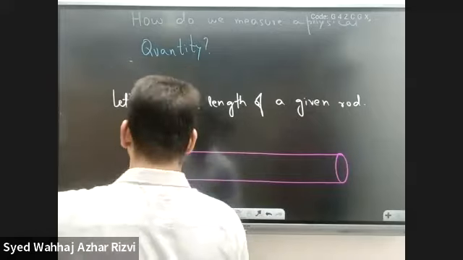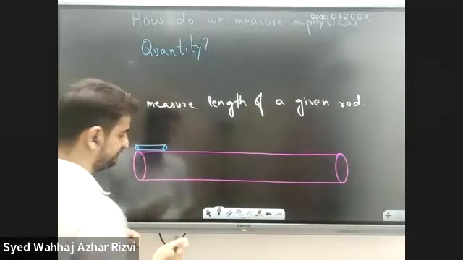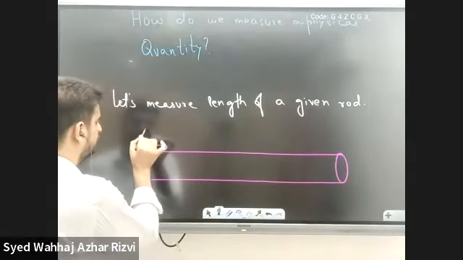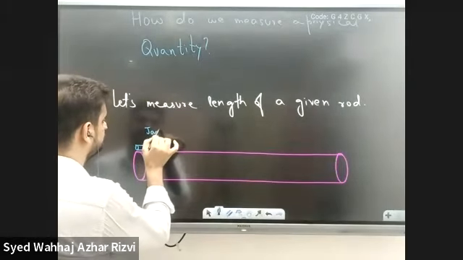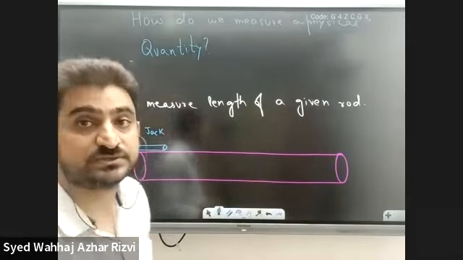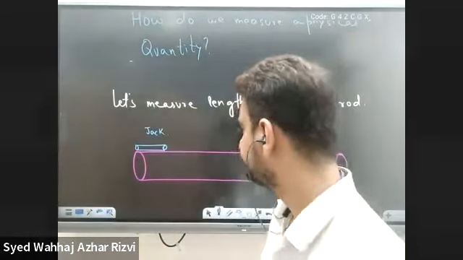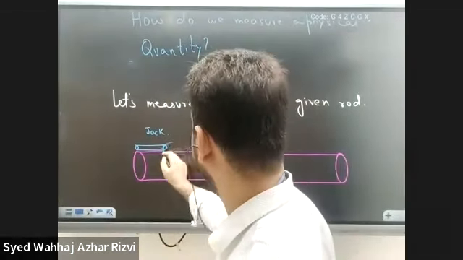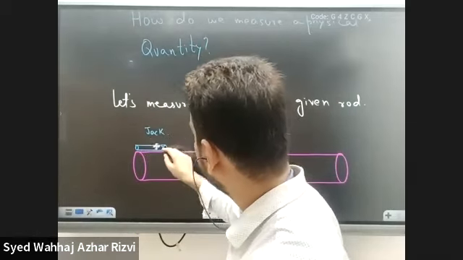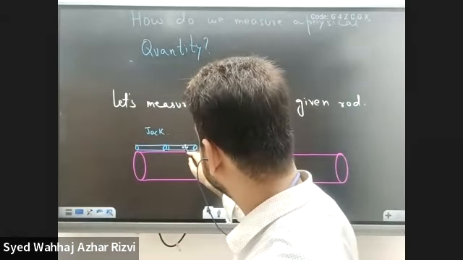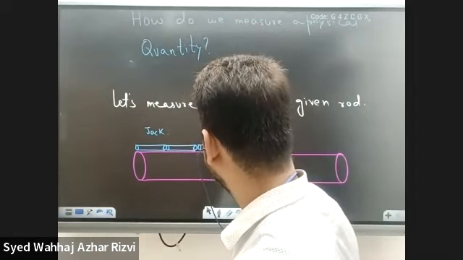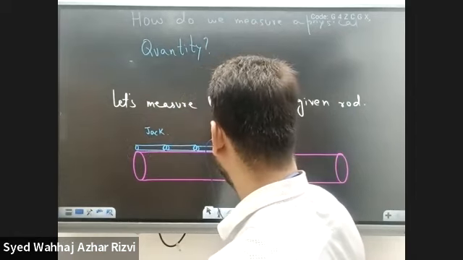Let's give this blue rod a name. Let's call this blue rod Jack, right? Okay, Jack. Now let's keep another Jack here, then another Jack.